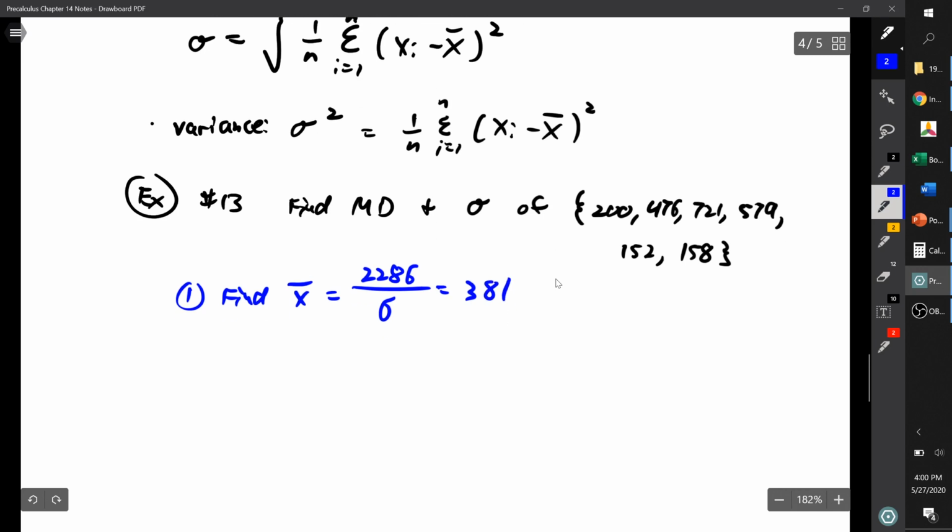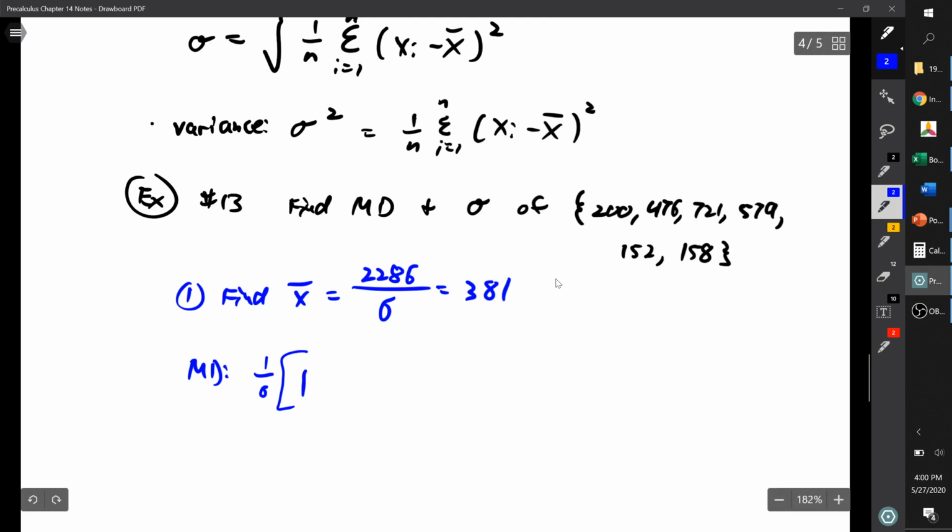Okay, so now the mean deviation, I'm going to do 1/6 times the absolute value of each one of these data points minus the average.